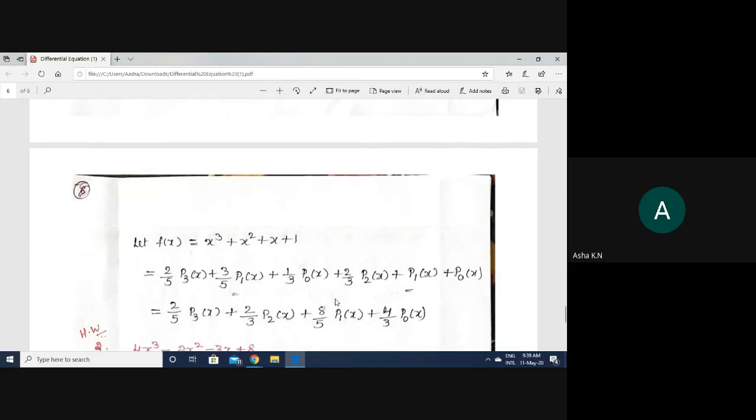P1 of x has two terms: 3 by 5 plus 1 gives 8 by 5 P1 of x. Similarly, 1 by 3 P0 of x plus P0 of x together give 4 by 3 P0 of x. There is only one term containing P3 of x and one containing P2 of x, so they are written as they are. This is our answer at the end.